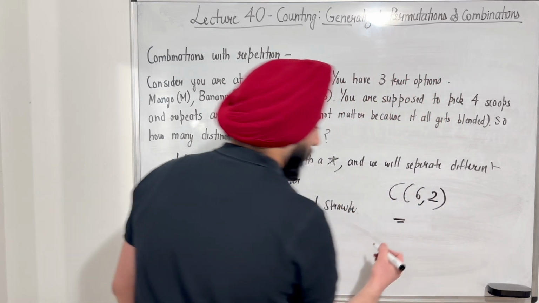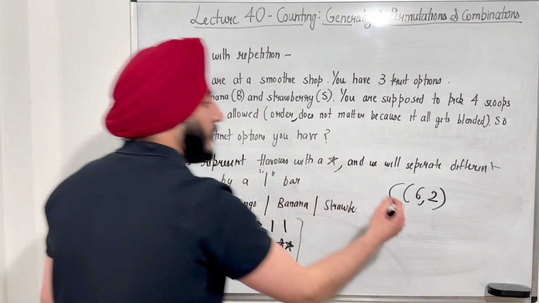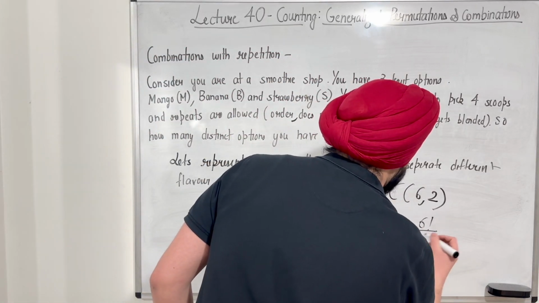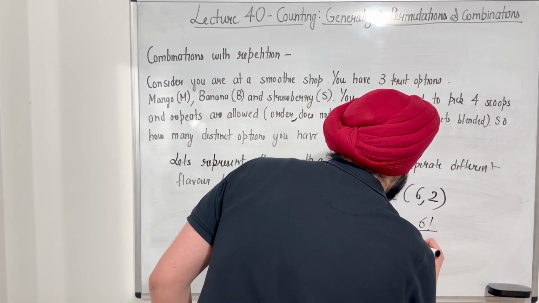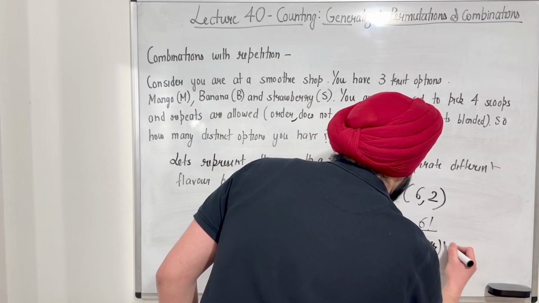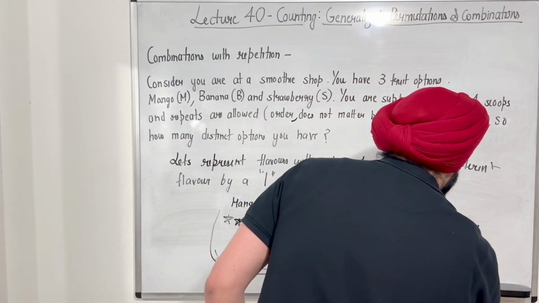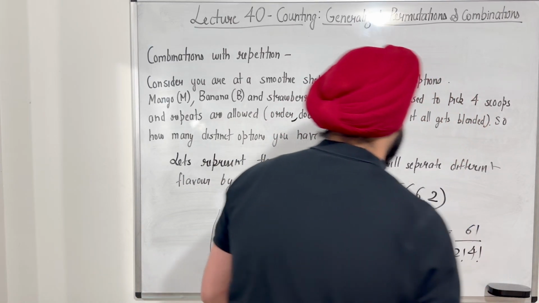And this would be the final answer to this question, which is 6 factorial by r factorial n minus r factorial, which comes down to 6 factorial by 2 factorial 4 factorial.